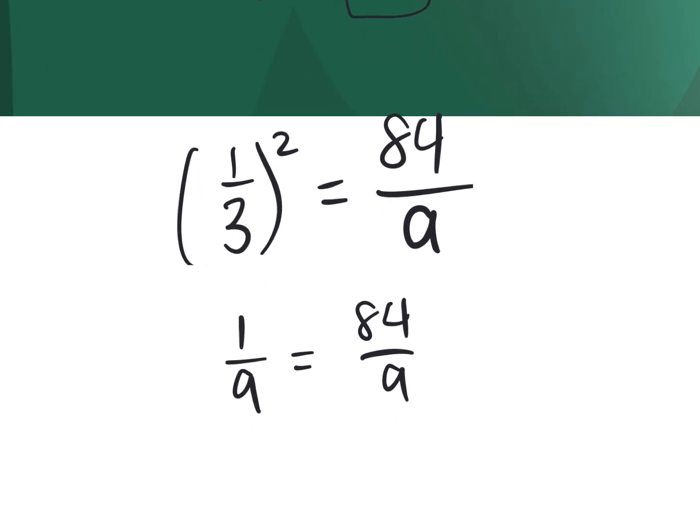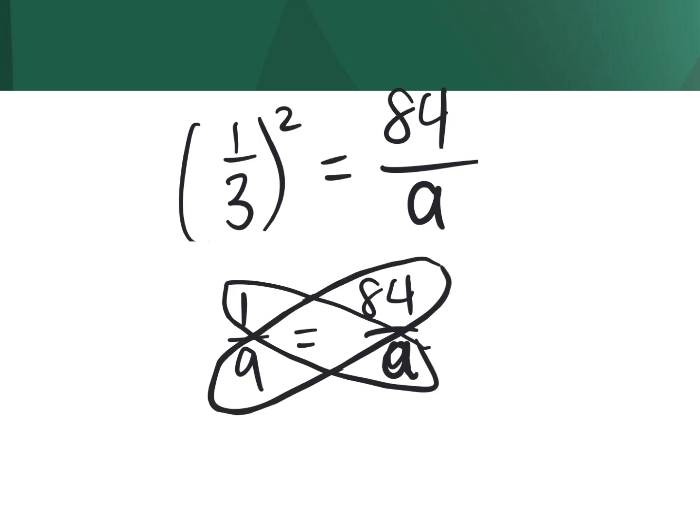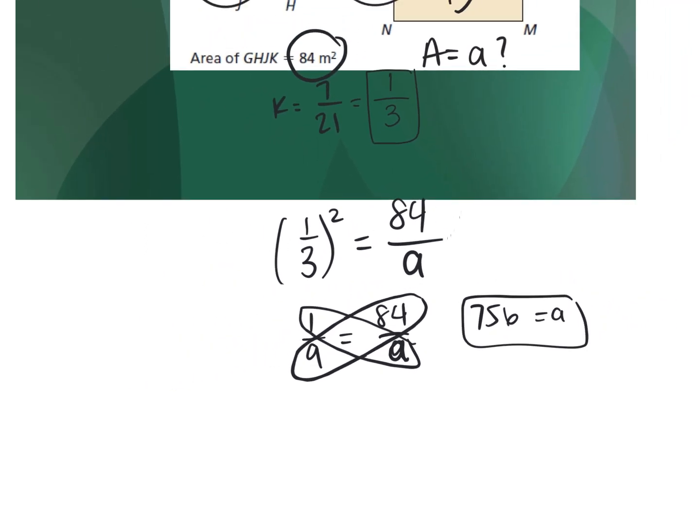How could we solve this guy? Cross multiply, you're sure right. This isn't A, by the way. And then 9 times 84, I did this already. It's 756. And 1 times A is just A. So my area is 756. Let's make sure we get the units right. What do the units have to be?